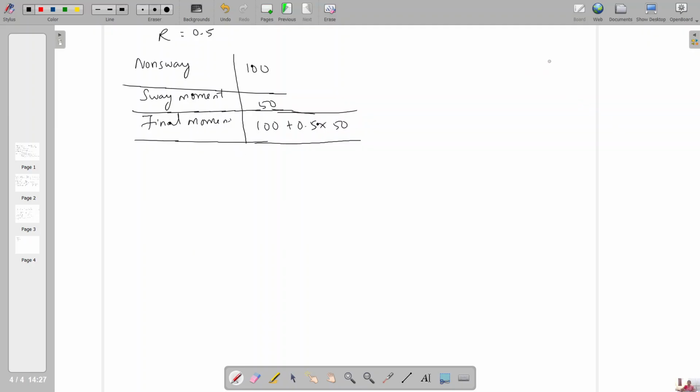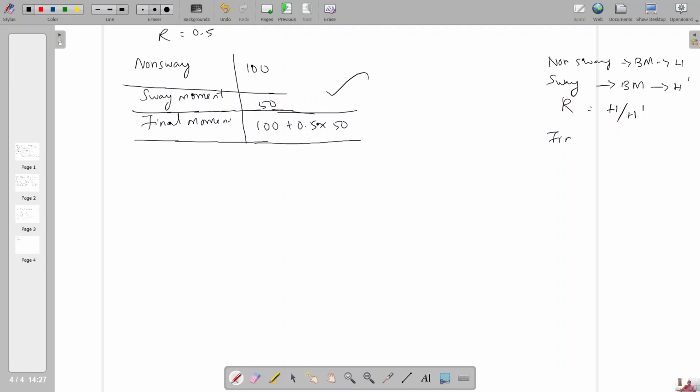We can recall the overall procedure. For the sway analysis of frame, we have to find first the non-sway analysis, and you can calculate the bending moment value and H value. Next one, sway analysis. You calculate the bending moment and H dash, and you find R, the correction factor, that is H by H dash, and make a table like this.